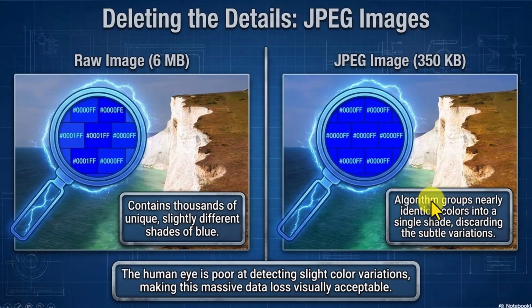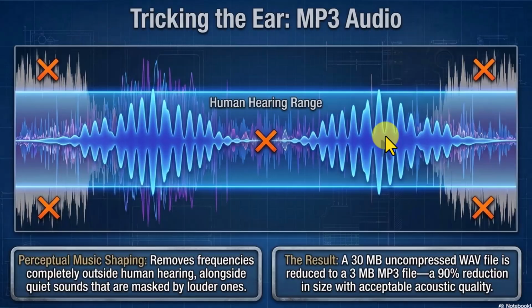We create algorithms that group nearly identical colors into a single shade, discarding the subtle variations. This is good as long as the colors being merged are undetectable by the human eye. The human eye is poor at detecting slight color variations, making this massive data loss visually acceptable. Otherwise, if the change is noticeable to the human eye, maybe it is not acceptable.